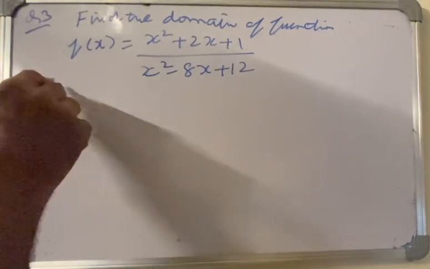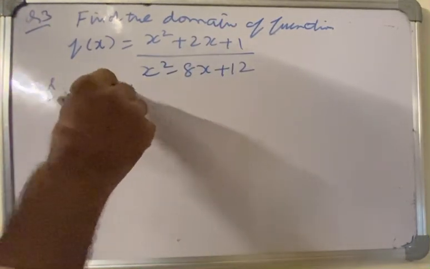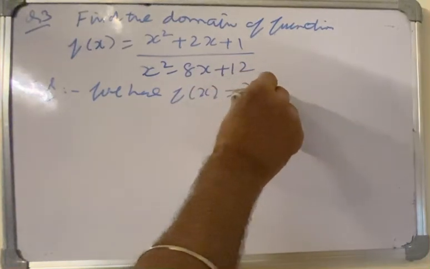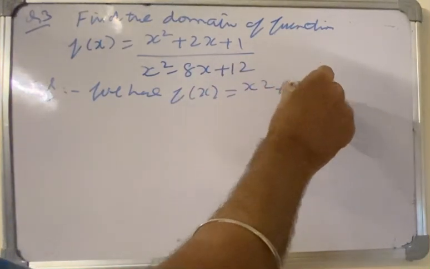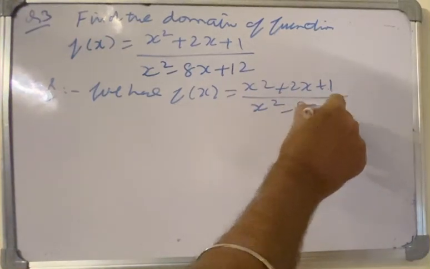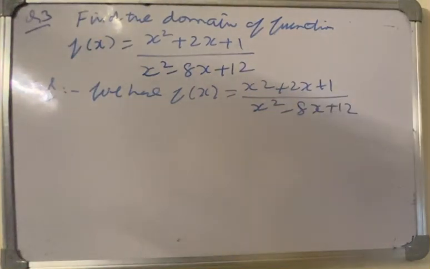Solution: we have f(x) is equal to (x squared plus 2x plus 1) over (x squared minus 8x plus 12).